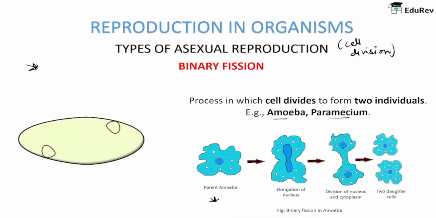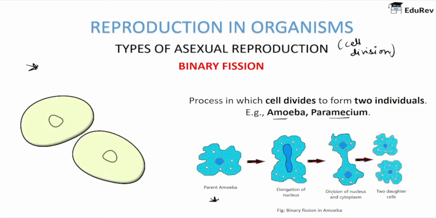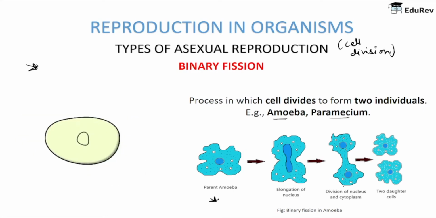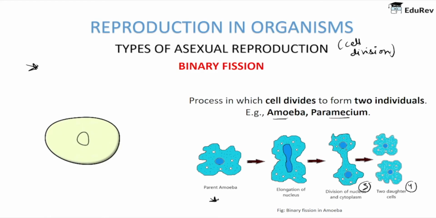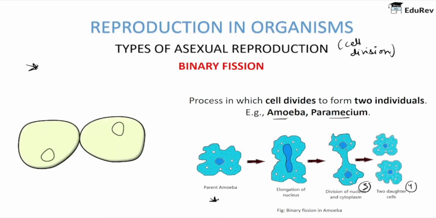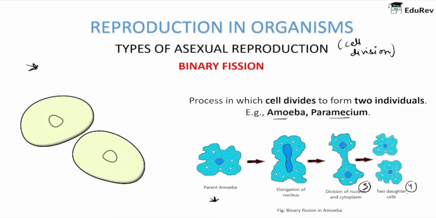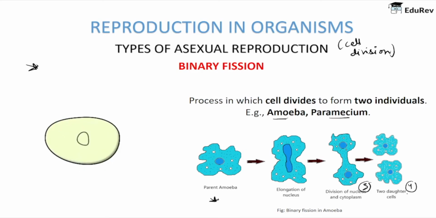In the third step, you will find that the division of nucleus and cytoplasm is taking place. And in the fourth step, you'll see that the complete separation of two new daughter cells has now formed. So yes, this is a very simple division, binary fission, which is seen in amoeba and paramecium.